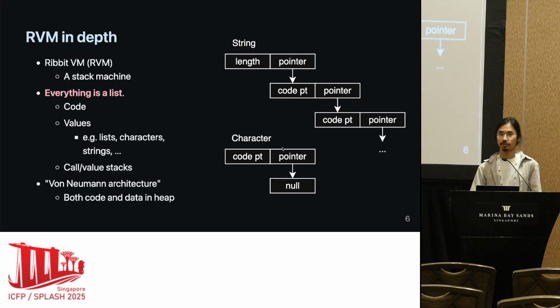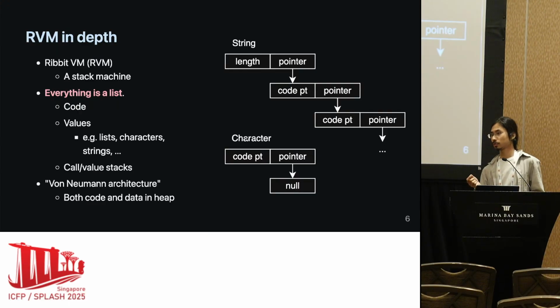Before going into the details of Stak Scheme, I'm going to explain the Ribbit virtual machine. The Ribbit virtual machine is a very basic stack machine. But something interesting about it is that everything on the virtual machine is actually represented as lists.